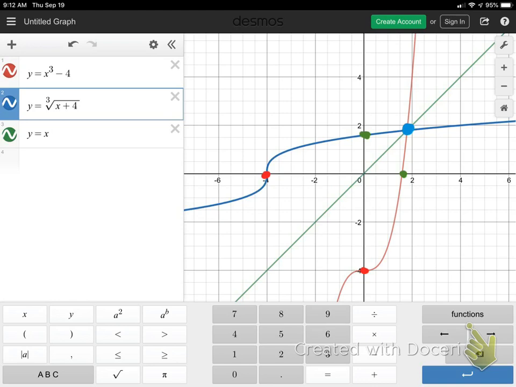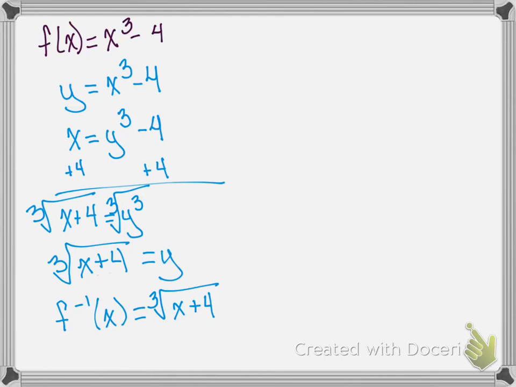Now, before we find the domain and range of this, I want to ask you, what is negative 2 raised to the third power? Negative 8. So if I wanted to take the cubed root of negative 8, what would that be? It would be negative 2. So when I go back here, sometimes students will ask me, Alicia, when we took the cubed root of both sides of this, why didn't I put plus or minus right here?